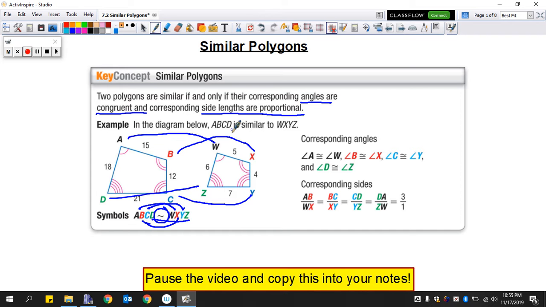CD, 21, goes with YZ, 7. That's 3 to 1. And AD, first and last, goes with first and last, WZ. 18 to 6 is 3 to 1. So all four of those sides have the same ratio, which means that they're proportional. So pause the video and copy this into your notes.